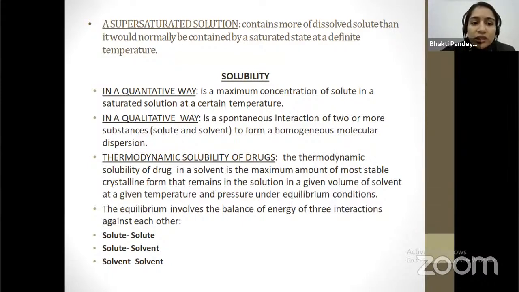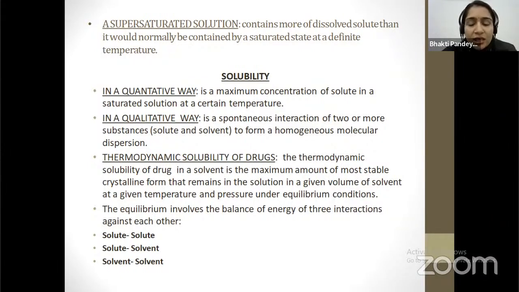In qualitative terms, it is the spontaneous interaction of two or more substances, the solute and solvent, which form a homogeneous molecular dispersion system. Then comes the thermodynamic solubility of drugs.